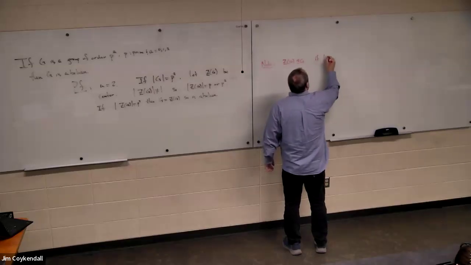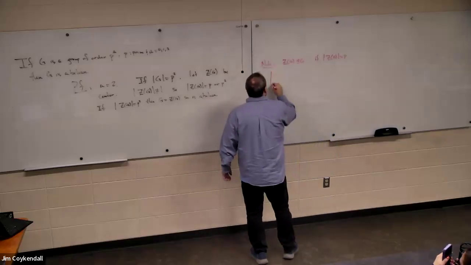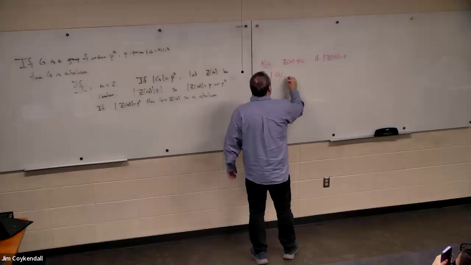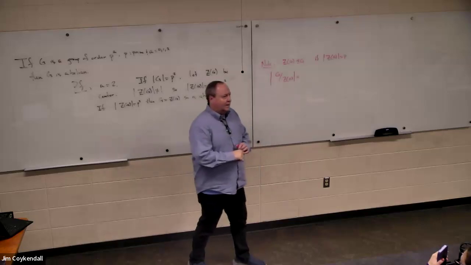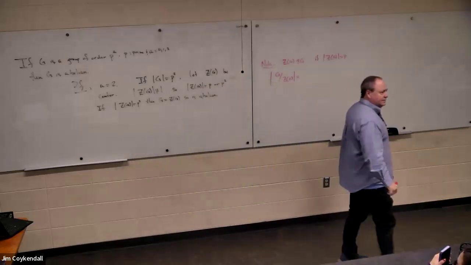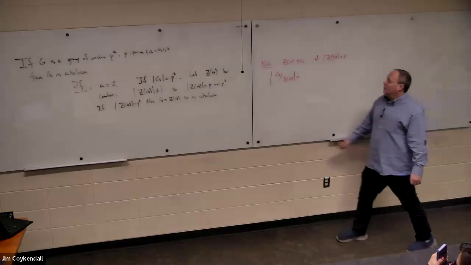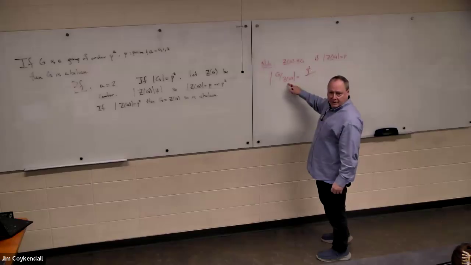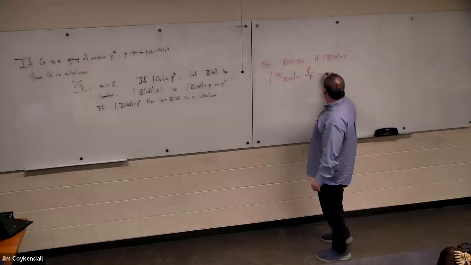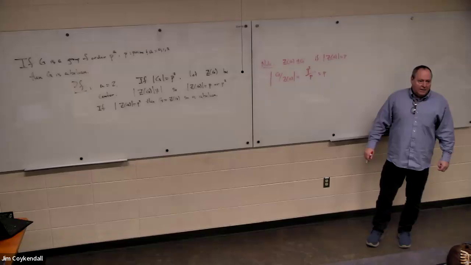If the order of the center of G is p, then the order of G mod Z(G), what is that going to be? Well, what's the order of G? p squared. What's the order of the center? In this case, p. Everybody okay with it?